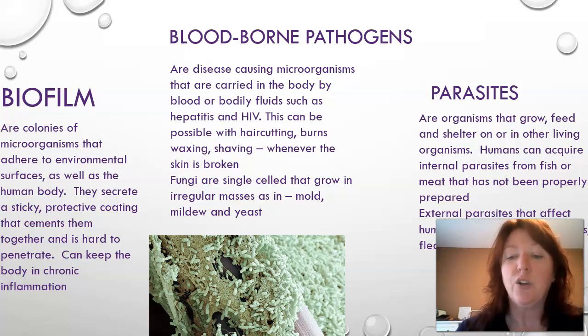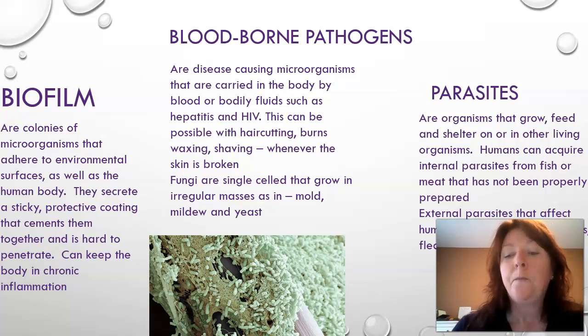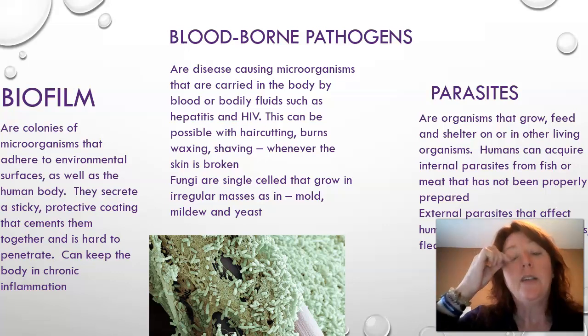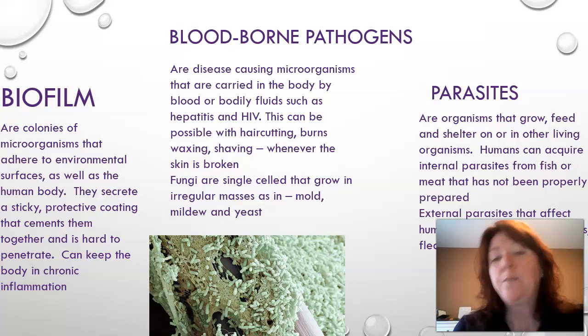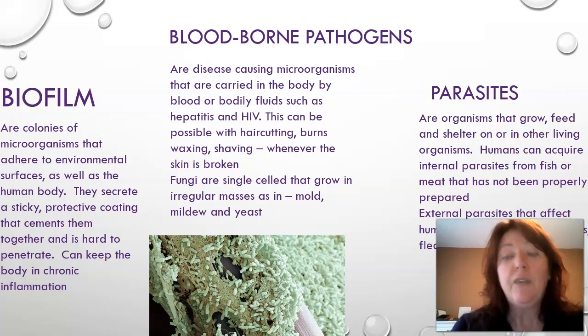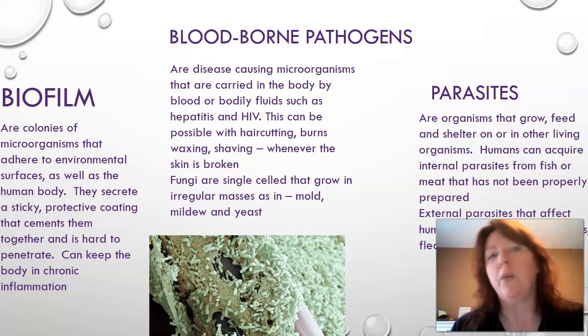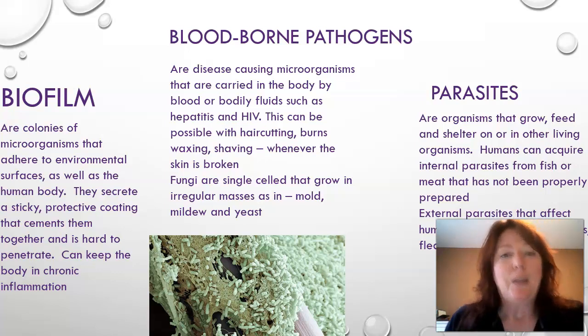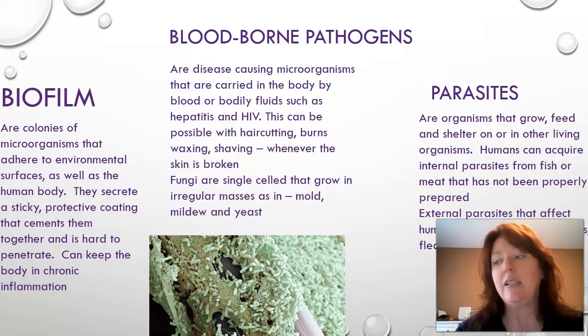Humans can acquire internal parasites from fish or meat that has not been properly prepared. External parasites that affect humans on the skin are things like ticks or lice. So if you think of an internal infection like a parasite infection from not cooking your meat properly, you get it in your stomach, you have to take antibiotics to deal with it, or an external parasite such as a tick or fleas and lice.